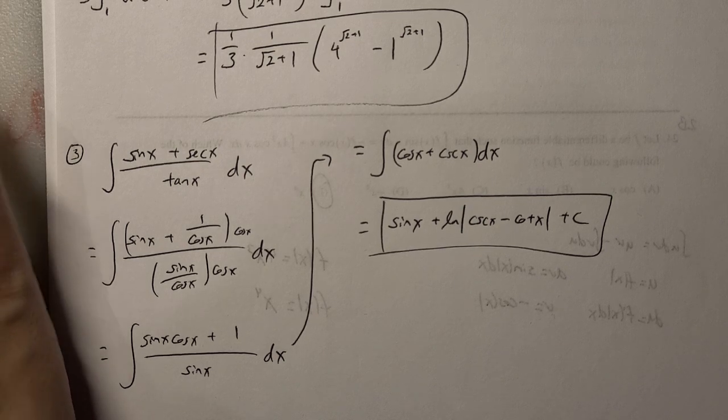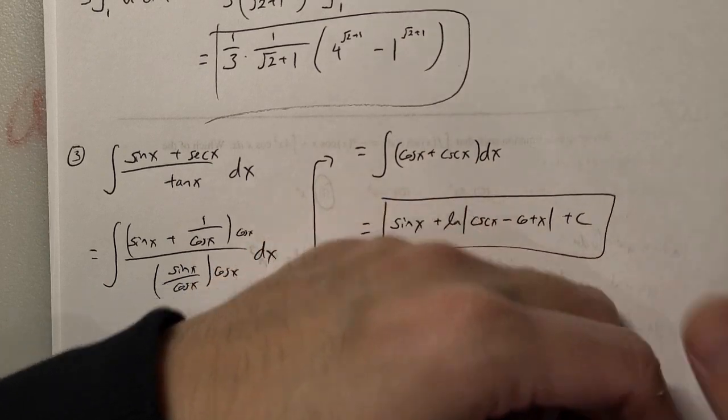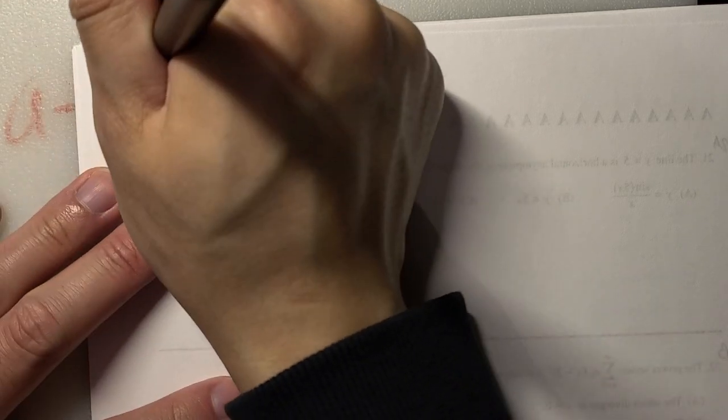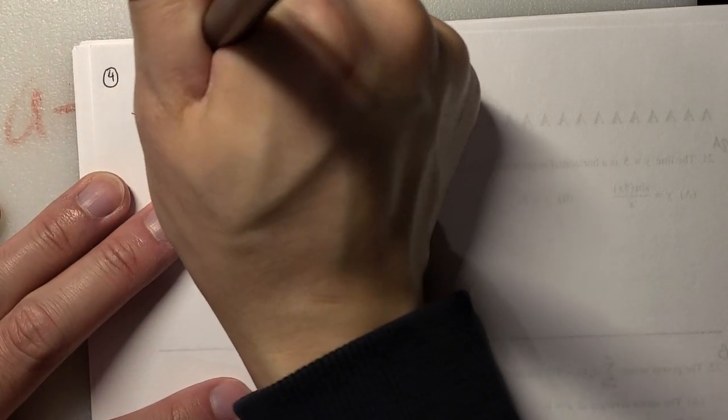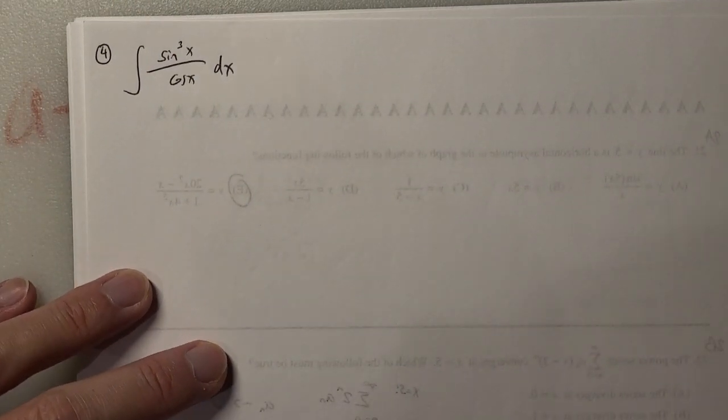All right, now let's do number 4. Integral of sine cubed over cosine. So how do we solve this?